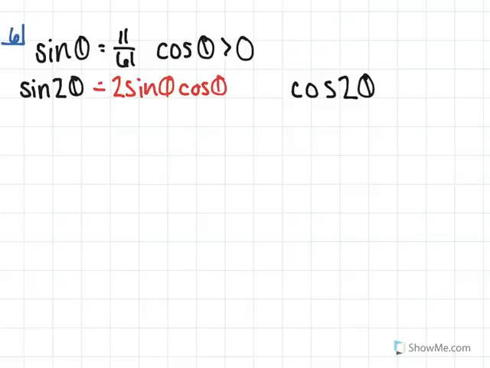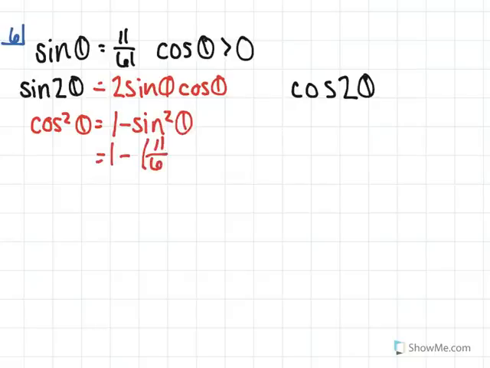So in order to solve this problem, first we need to figure out what cosine theta is. We know that cosine squared theta equals 1 minus sine squared theta, which would be 1 minus 11 over 61 squared.